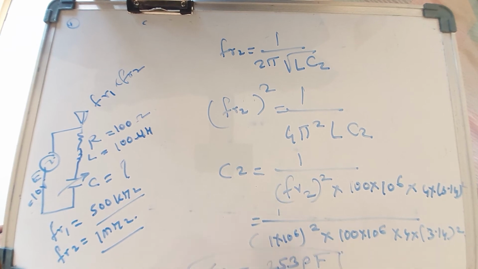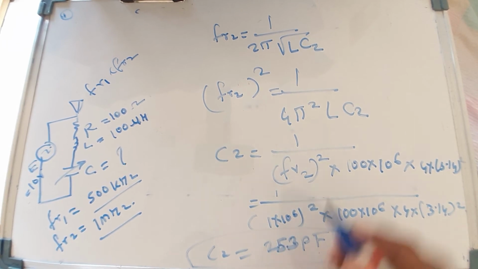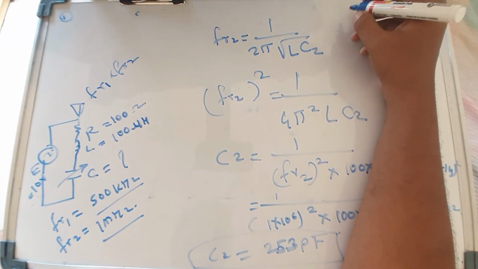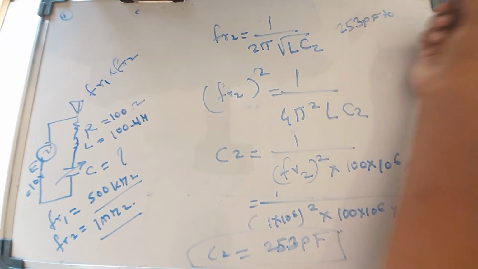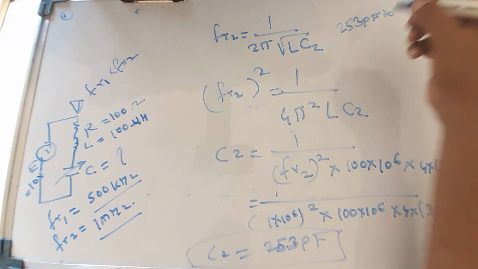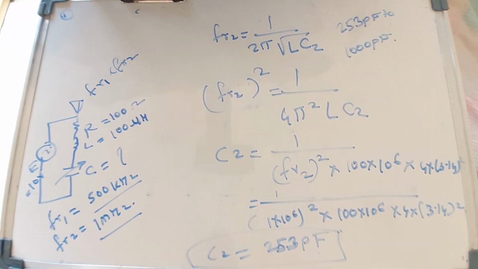By calculating this, you also calculate it. So the range is from 253 picofarad to 1000 picofarad. These are the two values of C1 and C2.